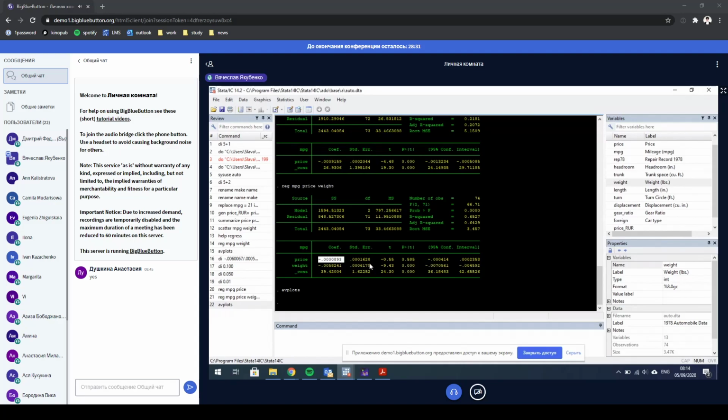It was not very precisely estimated. Our standard error is larger than our coefficient itself, so it's not very good. It's as if you come to the airport, put your luggage on the scale, and the error of the scale is larger than the size of your suitcase. This is not very helpful.